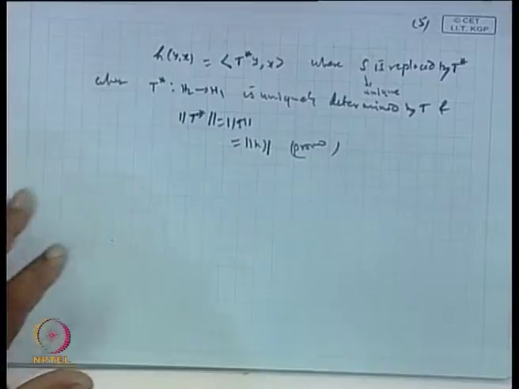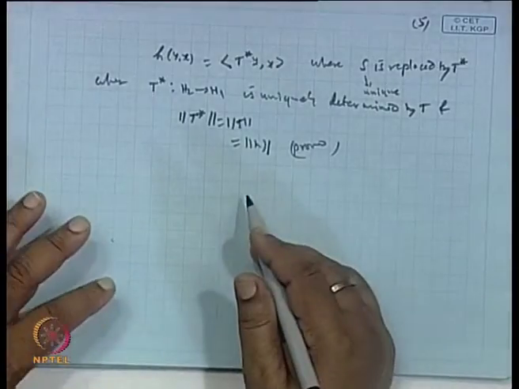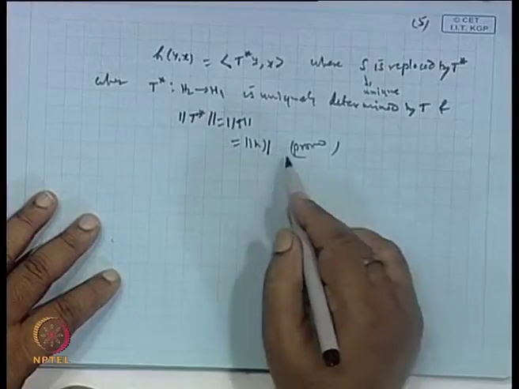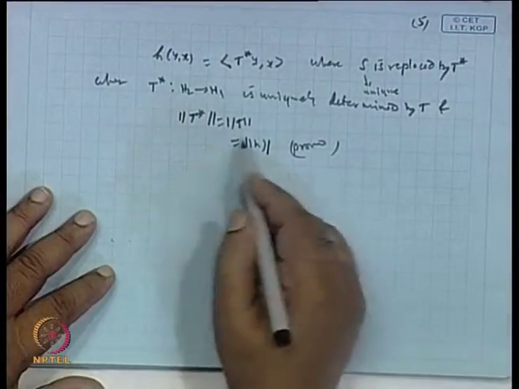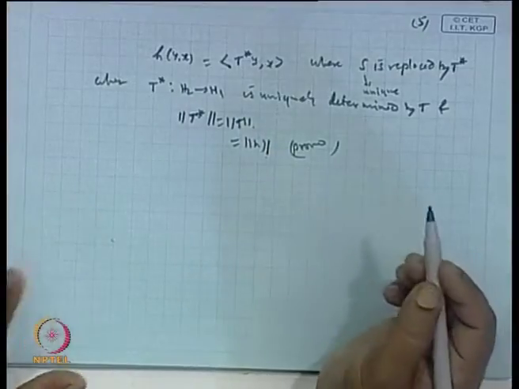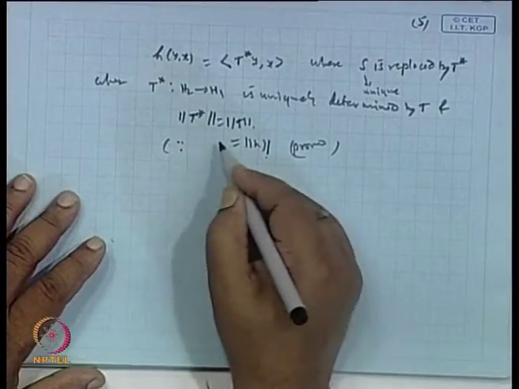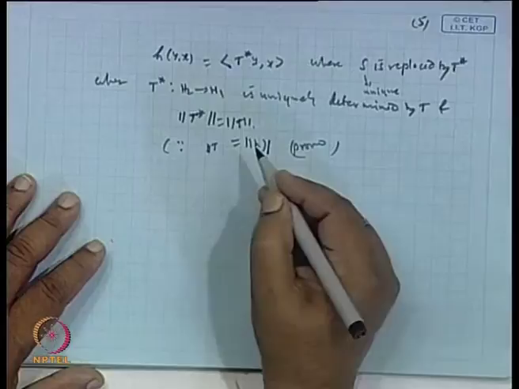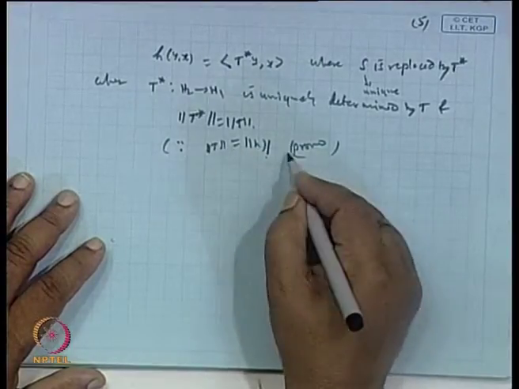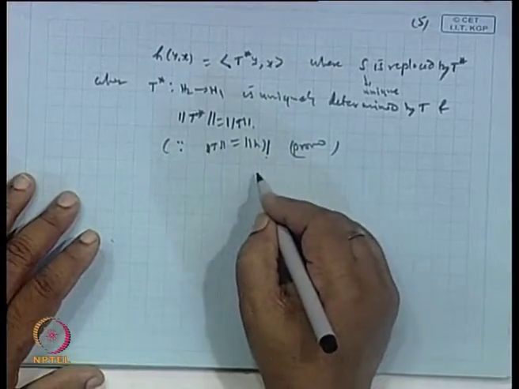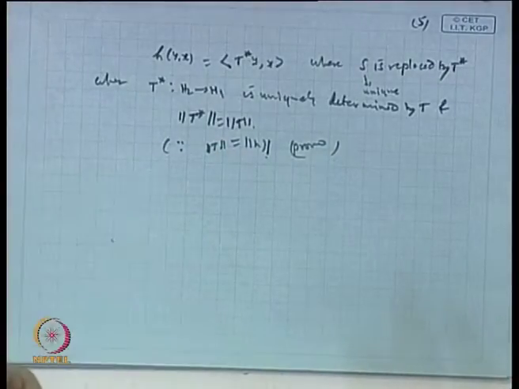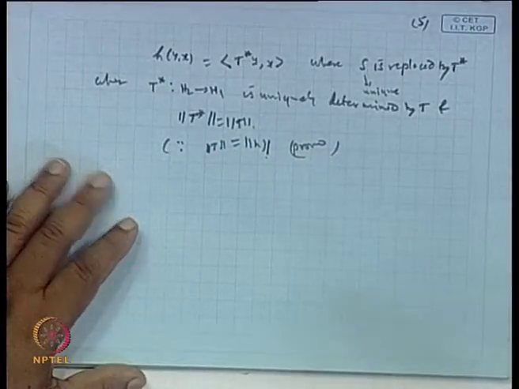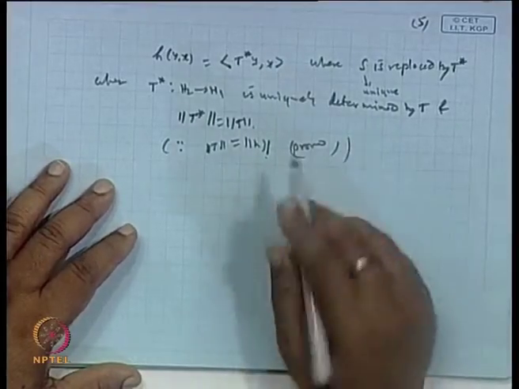So, we are getting this because of this, this is proved. Norm of T star equal to norm of H, and then we got it. Okay. So, this shows that norm of T star equal to norm of T, because norm of T is norm of H. Okay. So, we are getting this. Is it okay?